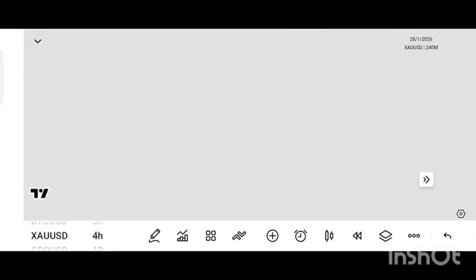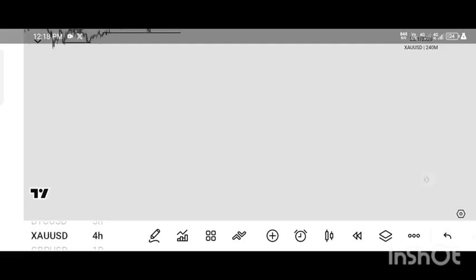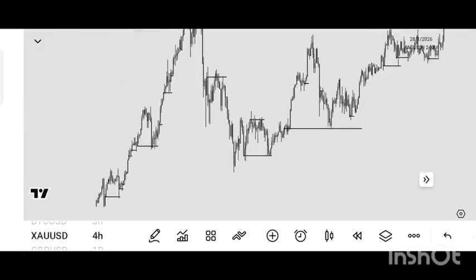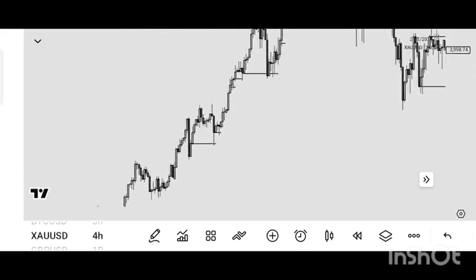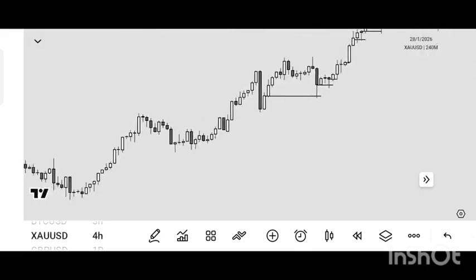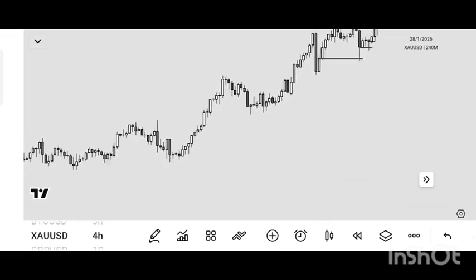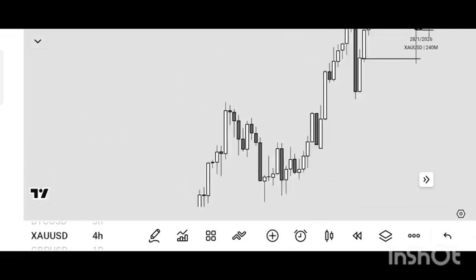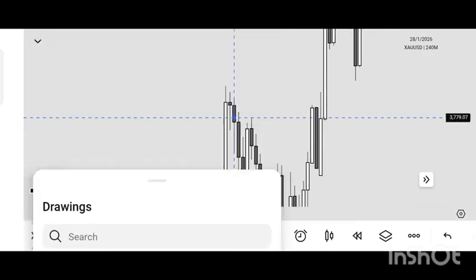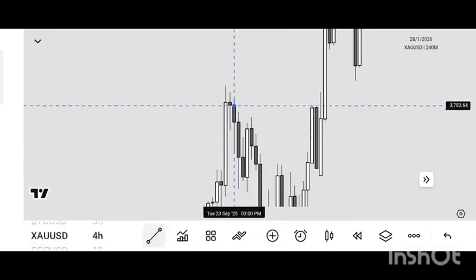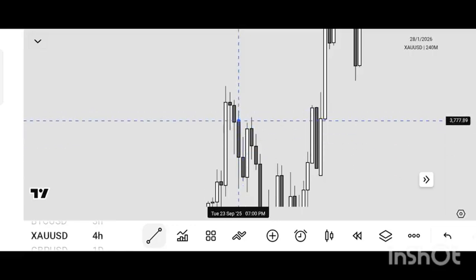And the truth is that it works on all time frames. It works on all time frames. Look at this one. Two consecutive bearish candles, first one, second one. In between those bearish candles, price reacted from it.